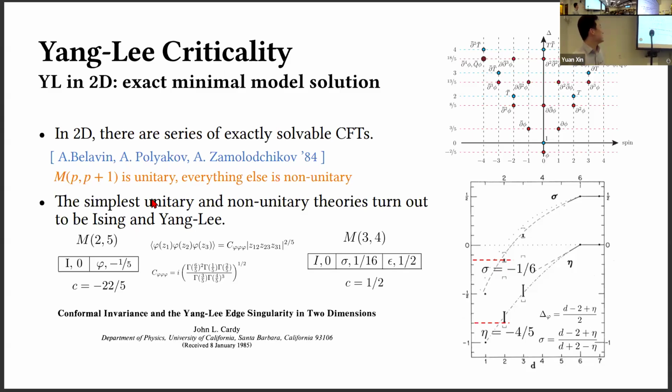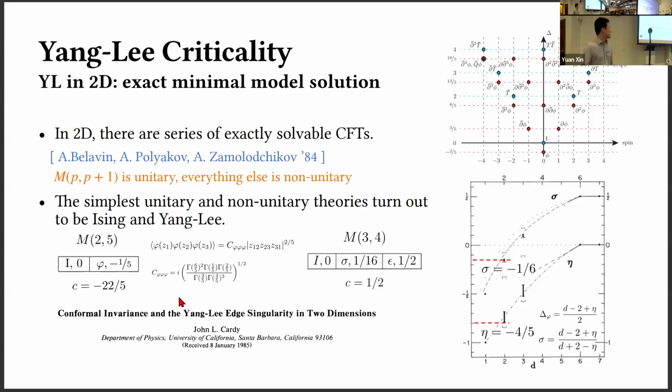And it turns out that the simplest unitary and non-unitary theories are the Ising and Yang-Lee. Ising is M(3,4). It's so simple that it only has 2 relevant fields, the sigma deformation and the epsilon deformation. And for Yang-Lee, it's even simpler. There's only 1 relevant field.